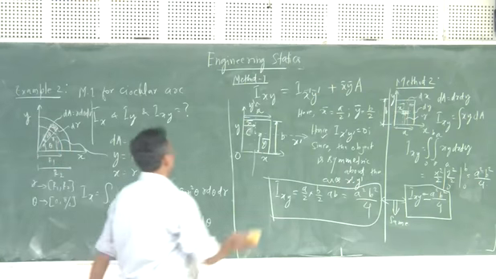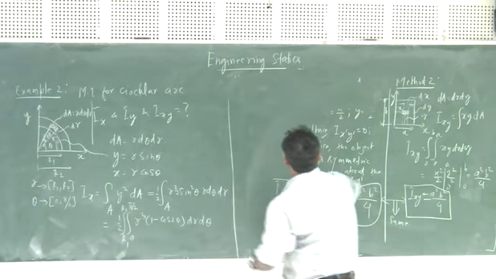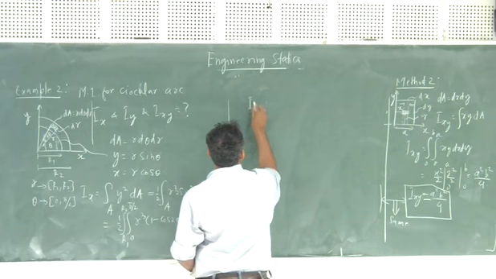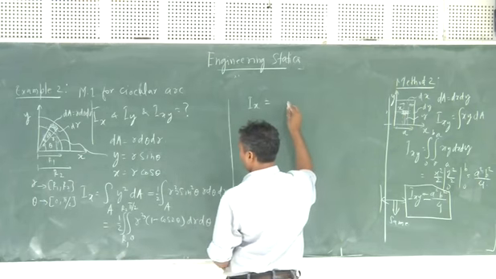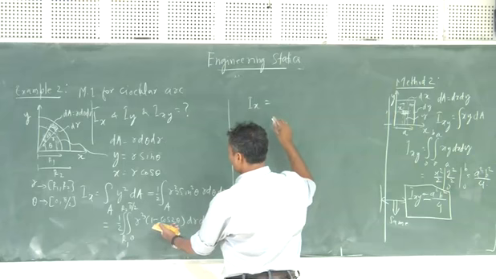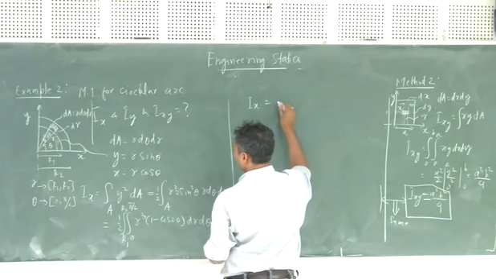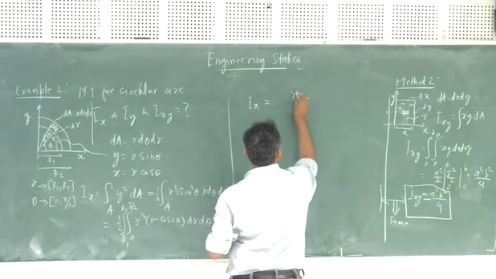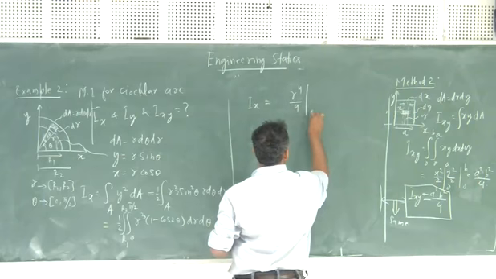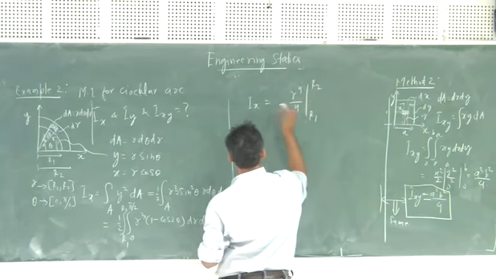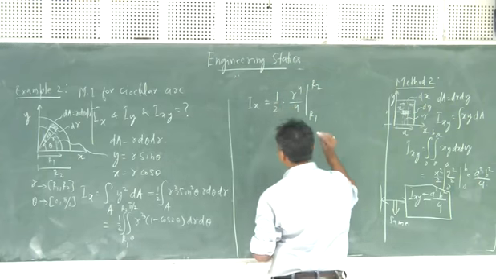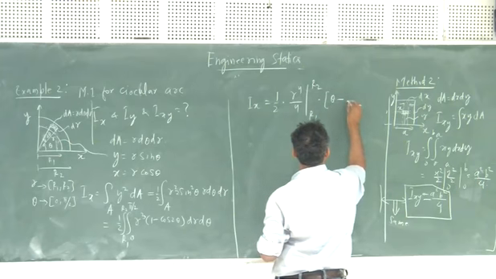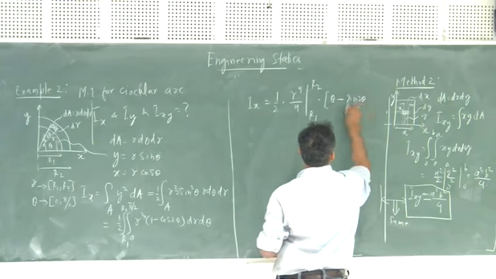What are you going to get? Ix will be given by r to the 4 by 4, from r1 to r2, and this is 1 by 2, obviously, and then you have theta minus sin 2 theta by 2.